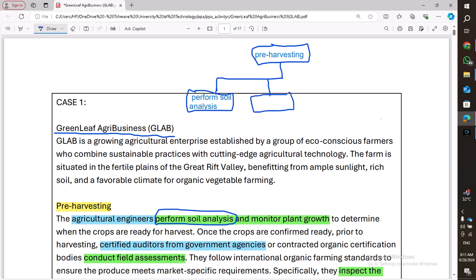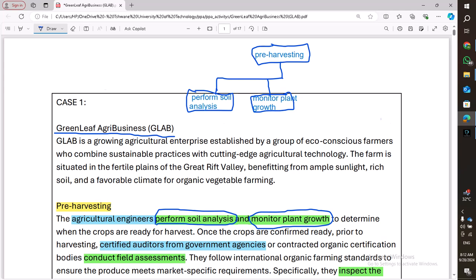They monitor plant growth. This is our second thing, which is monitoring plant growth.